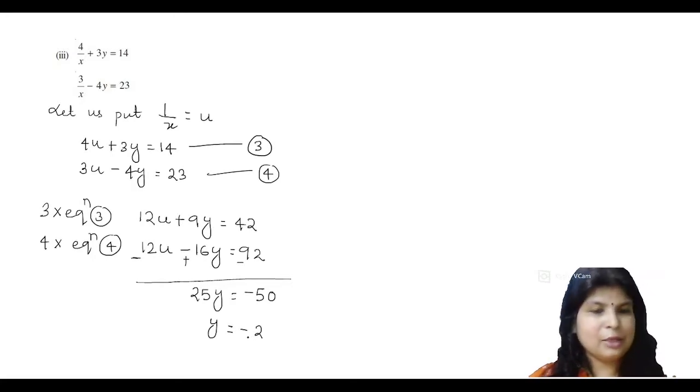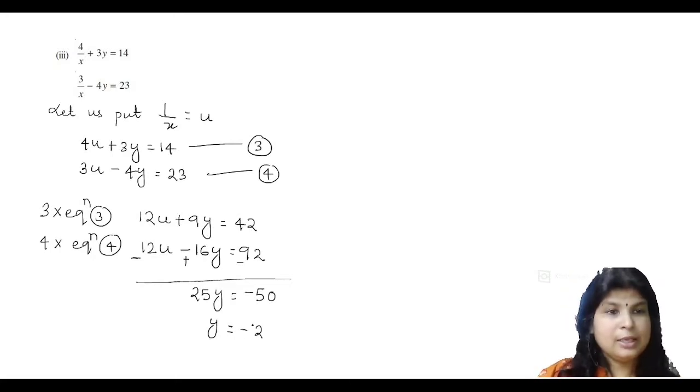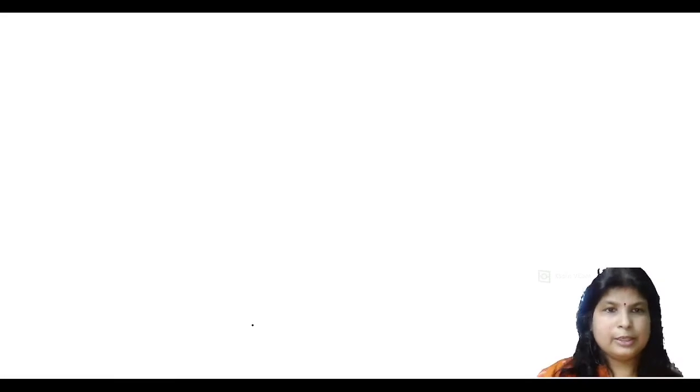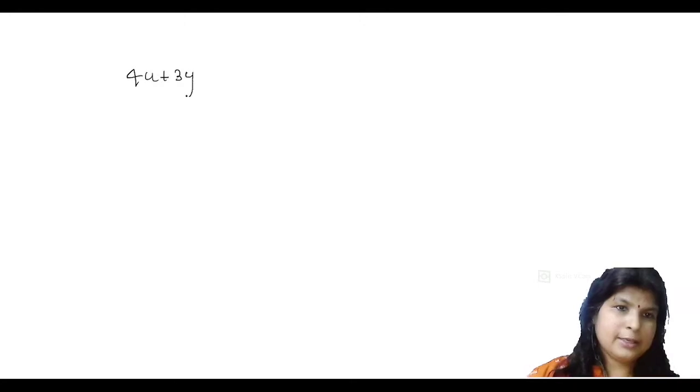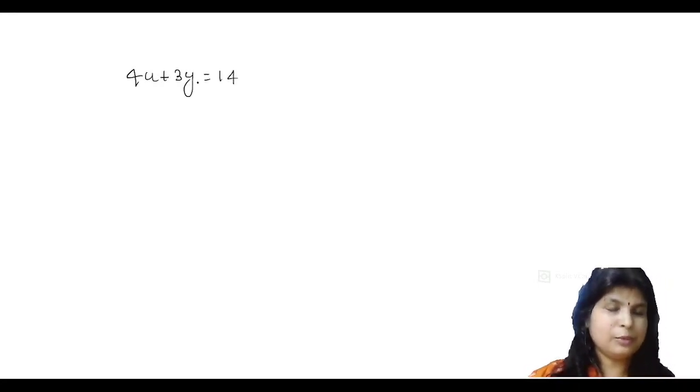Now this value of y I will put in the equation 3. So what is your equation 3? It is 4u plus 3y is equal to 14. Let us write down. So it was 4u plus 3y is equal to 14. Now what was our y value we have got? y is equal to minus 2, right?